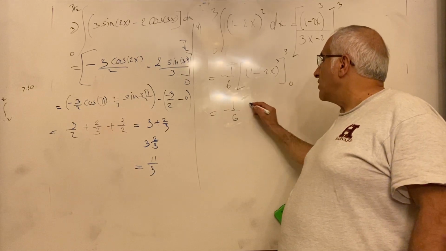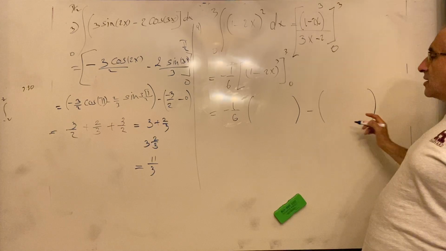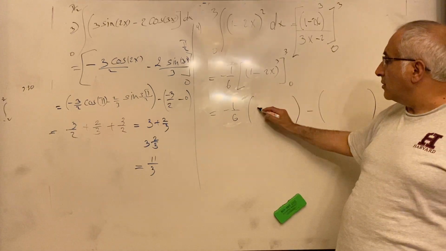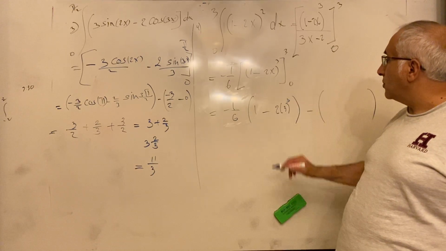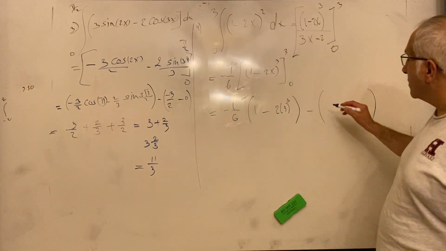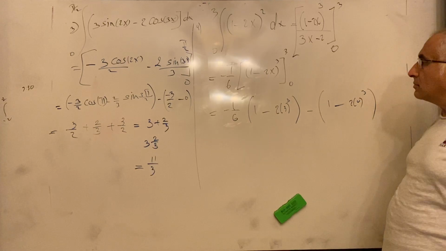So this is -1/6. You're going to substitute everything with the 3, then everything with the 0, and subtract and times by 1/6. 1 minus 2 times the 3 cubed, minus 1 minus 2 times 0 cubed.